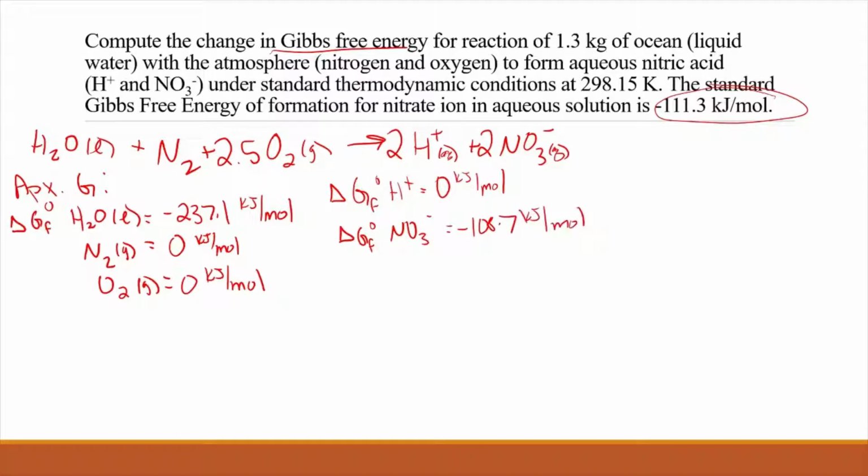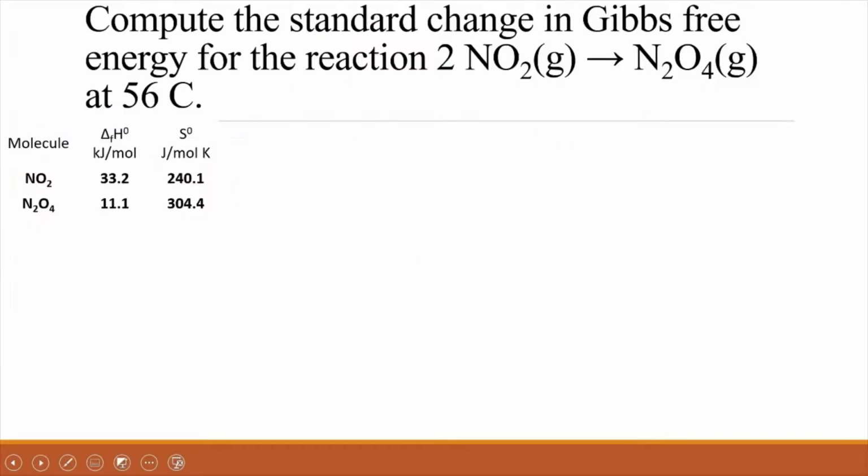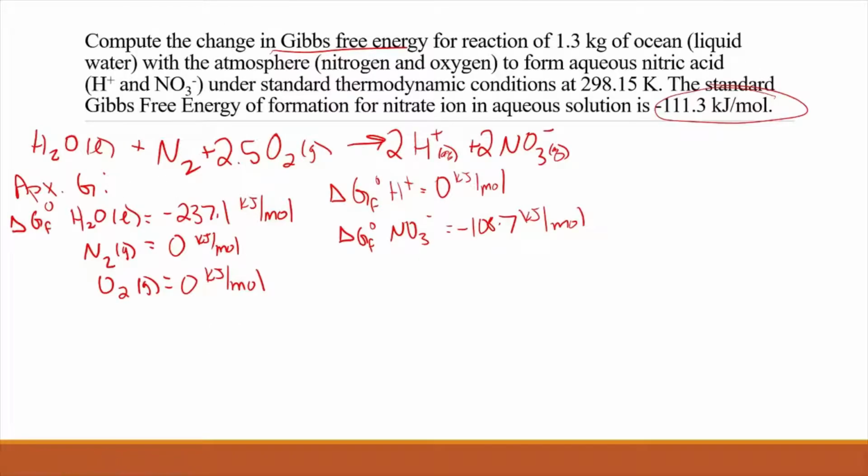So one thing that we learned about delta G is it's very similar to delta H in that you do the products minus reactants, you do the sums, and that gets you your delta G for the reaction. So delta G of formation for our reaction is going to equal the products, and we have to do each of the delta G's of each product times the number of moles from the balanced reaction.